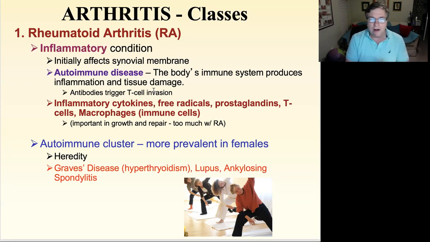All of these are chronic immune diseases in which there's a significant amount of inflammation. So immune cells attack parts of the body. In this case, as I mentioned, there's kind of an autoimmune cluster. It's more prevalent in females with Graves' disease, lupus, ankylosing spondylitis, etc.